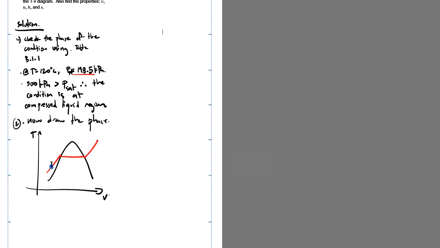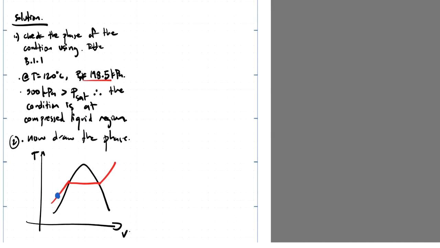It's not enough to just draw this, you also have to put the data. So T sat is, let's say, 151.86. Then the pressure here is 500 kPa. Our given condition is just 120 degrees C.